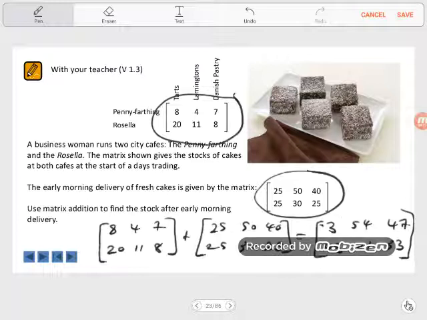That should be 33, sorry. So the total stock, the Penny Farthing has 33 tarts, 54 lamingtons and 47 Danish pastries, and the Rosella Cafe has 45 tarts, 41 lamingtons and 33 Danish pastries.